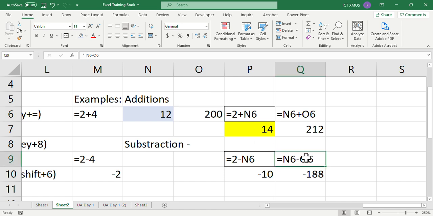So by the time we subtract it from N6, what you have is minus 188. Do you understand now? Okay. It's like doing it the other way around, but putting minus because what you are removing from this is bigger. That's what I was trying to say.